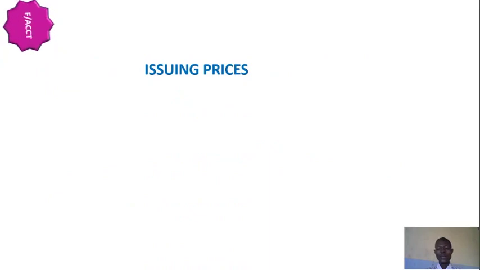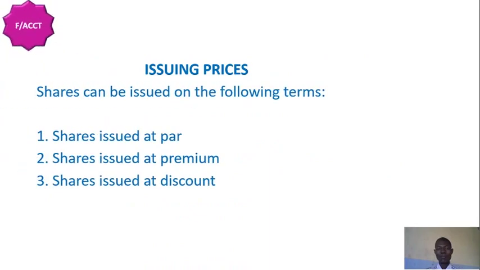Then the next thing we are going to consider will be issuing prices. Shares can be issued on the following terms. We have three prices. One, shares issued at par. Two, shares issued at premium. Three, shares issued at discount.